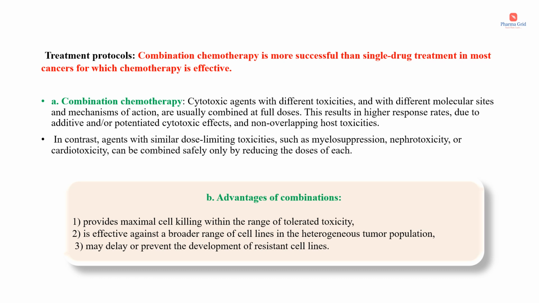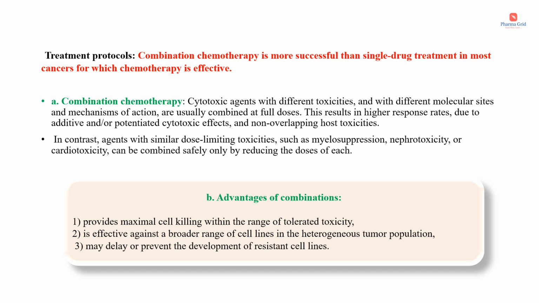This results in higher response rates due to additive and/or potentiated cytotoxic effects and non-overlapping host toxicities. In contrast, agents with similar dose-limiting toxicity such as myelosuppression, nephrotoxicity or cardiotoxicity can be combined safely only by reducing the doses of each.